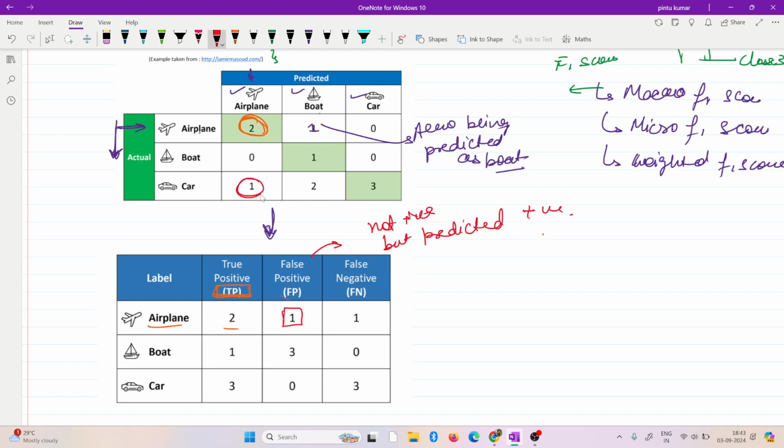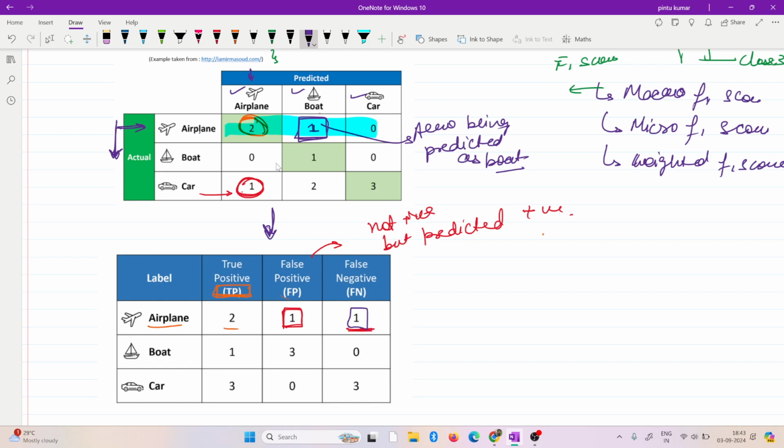There is only one point here, predicted as aeroplane but actually car. So there is only one false positive. False negative is points which are aeroplane, but are not predicted to be aeroplane; they are predicted to be something else. If you look at this row, there is this point which is aeroplane but predicted as boat. So there is one false negative.